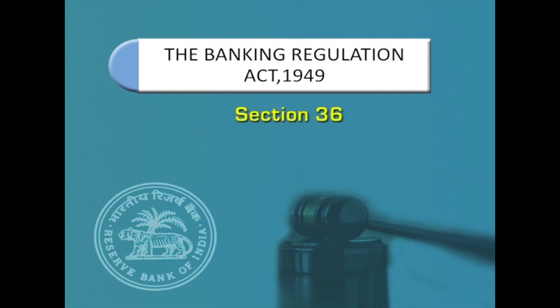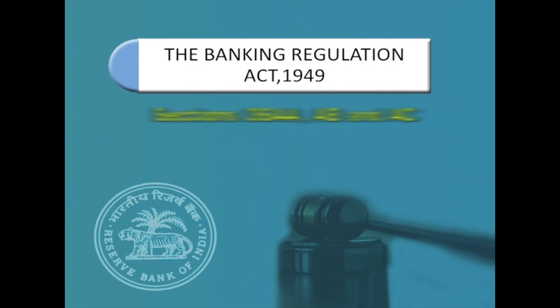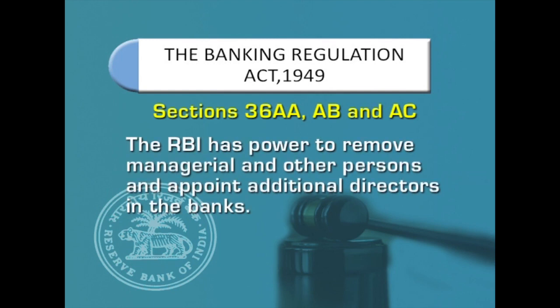Under Section 36, the RBI has further powers and functions. 5. Under Section 36AA, AB and AC, the RBI has power to remove managerial and other persons and appoint additional directors in the banks.